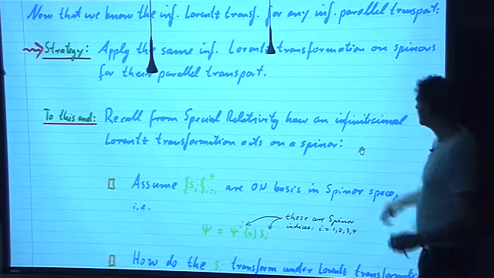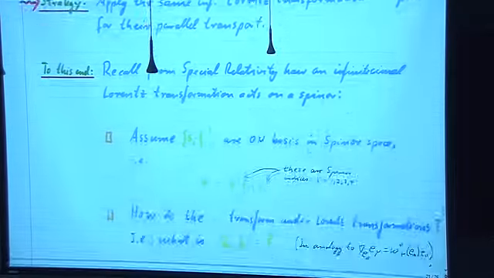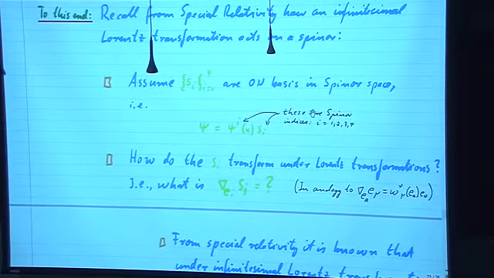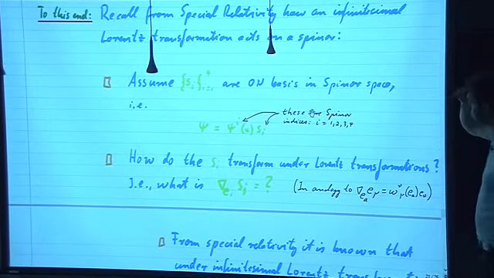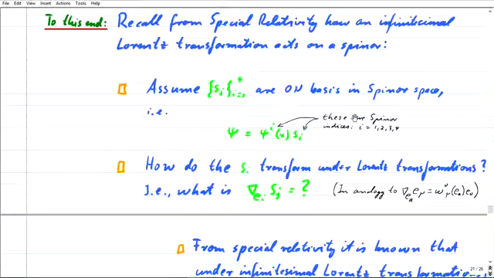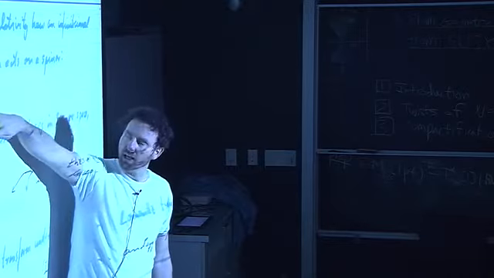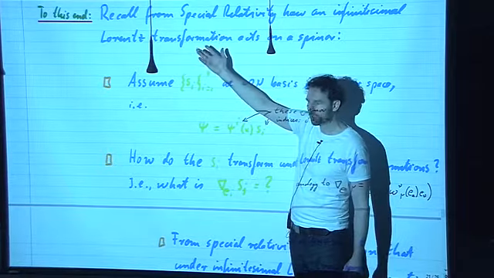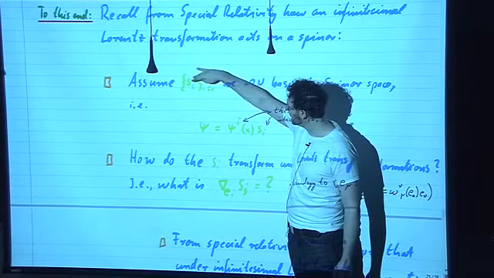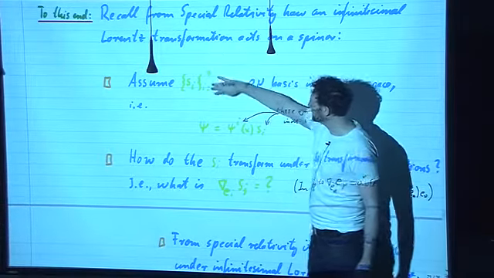Now, from special relativity, we take how Lorentz transformations act on spinors. For that purpose, let us choose a basis in the space of spinors. So just like in the tangent space, we chose bases, we can choose bases in the spinor space as well. Spinors have 4 components.